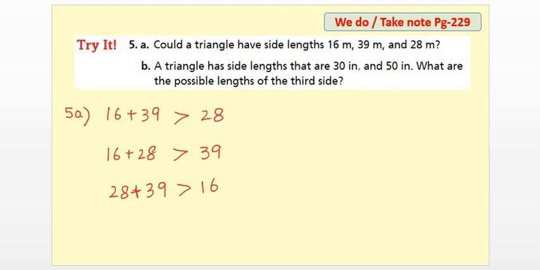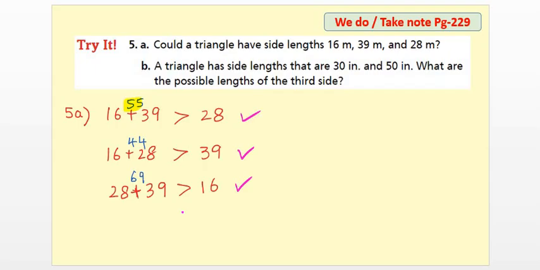First let's write the sums over here. Clearly the sum of these two is 55, that is greater than 28, so yes, it's true. In the second step, when we added 16 with 28, the sum was 44, that is greater than 39. So this inequality is also true. And the third one is also true.